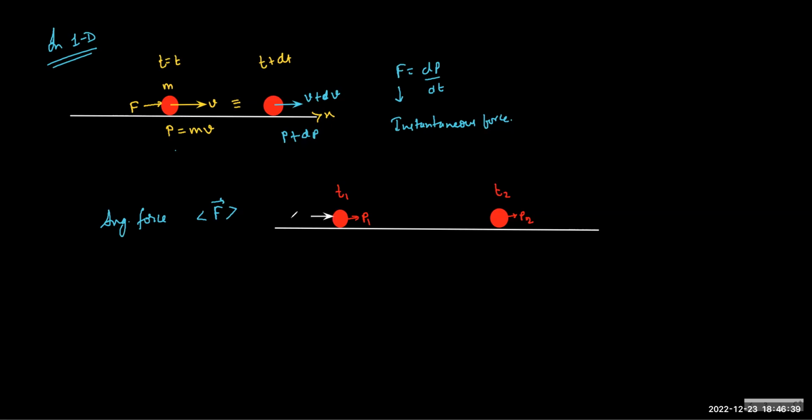We don't know whether the force is constant or variable or whatever. I have no idea, but I can say that the average of the force that this object will experience, we can write as the total change in momentum upon total time taken. So this you can write as delta P.